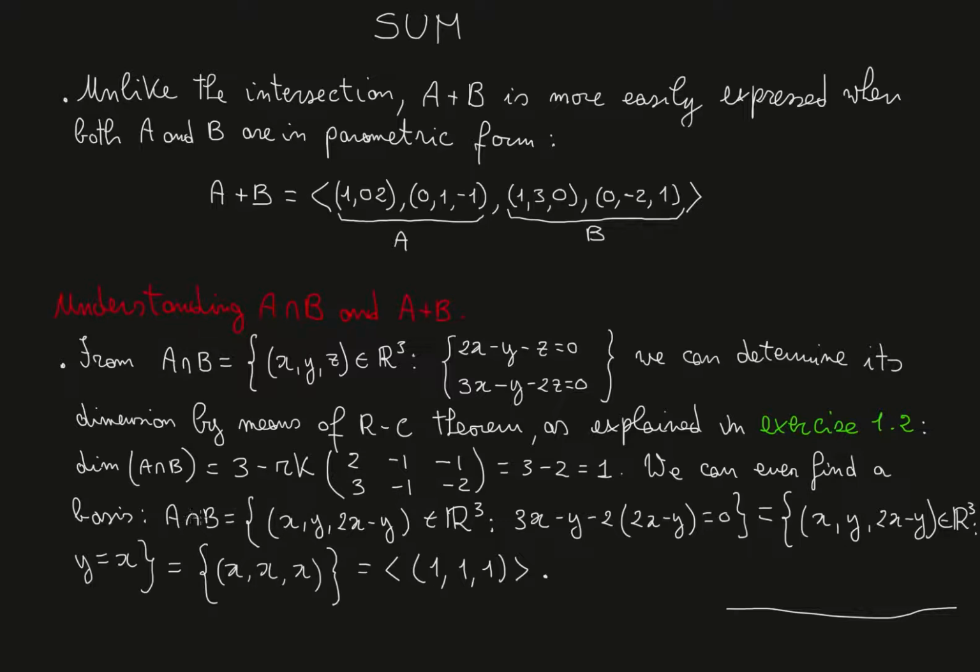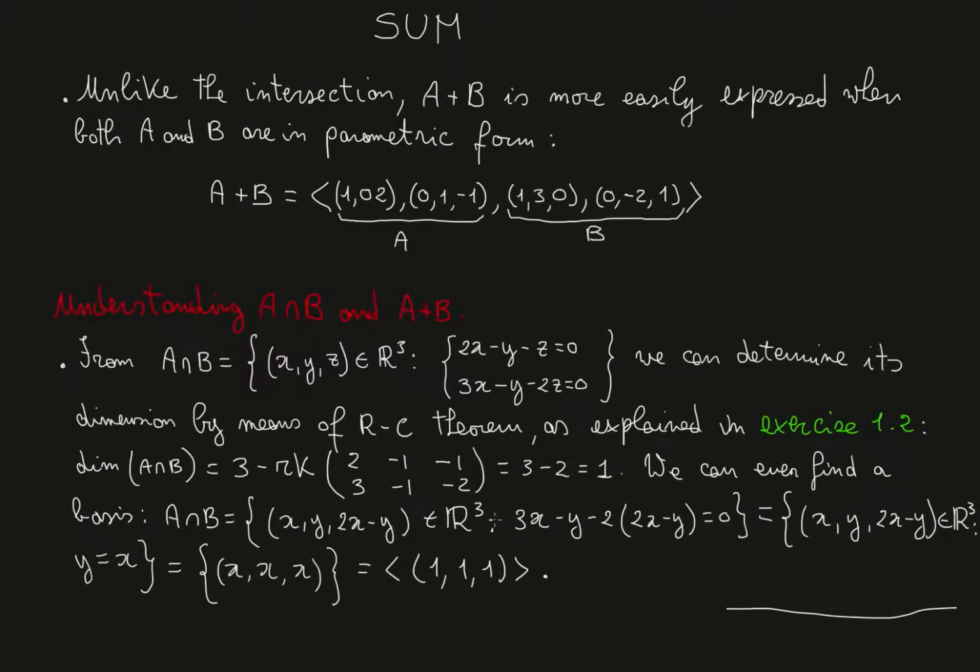So A intersection B equals the set of vectors of the form x, y, 2x minus y. Because from the first equation we can express z in function of y and x, and write z equals 2x minus y. So z is going to be 2x minus y in R3.